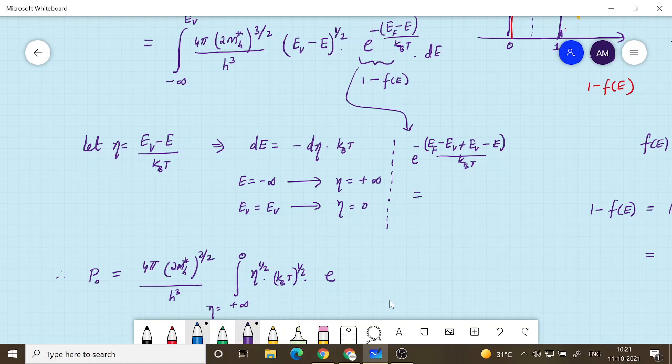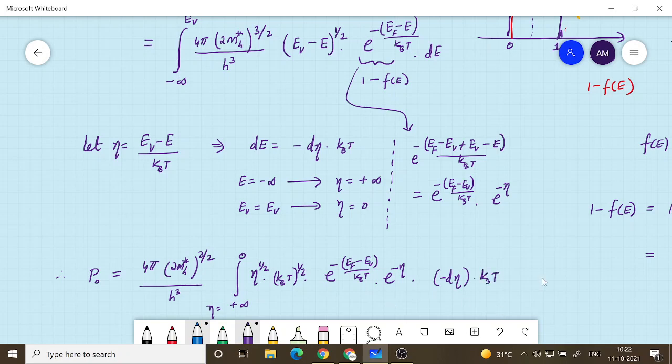Which is basically e raised to minus EF minus EV by kBT into, if I look at the remaining thing, e raised to minus eta. So that is what I am going to substitute: e raised to minus EF minus EV by kBT into e raised to minus eta, and dE is minus d eta into kBT.